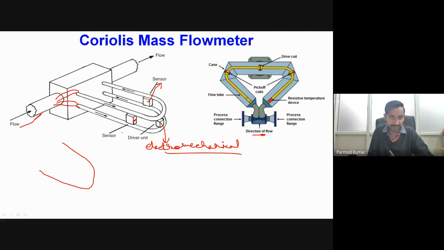Initially, because of the forced oscillation from the drive coil, we consider that the U tube is moving in the upward direction. While it moves upward, the direction of angular rotation of this mechanical structure of the tube is counterclockwise.